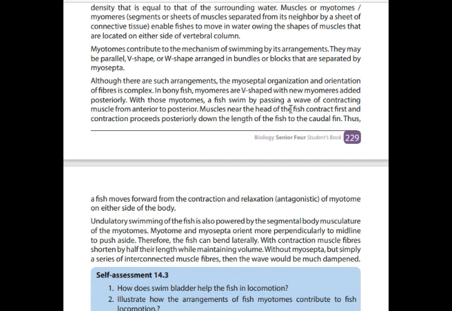We are looking at how a fish is adapted in its locomotion, in its movement. We are discussing the parts of the fish that help it in movement.